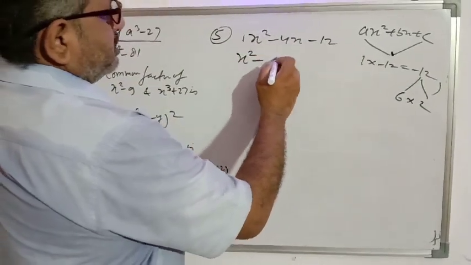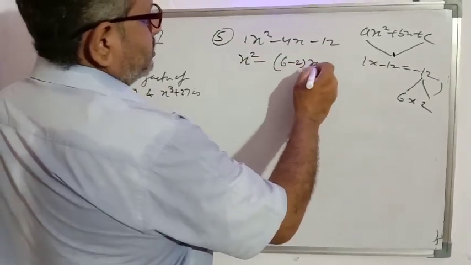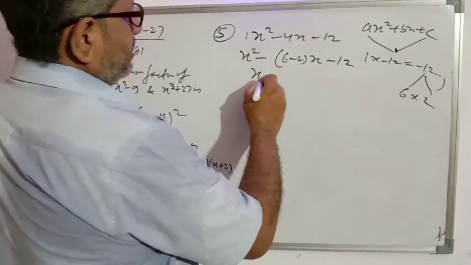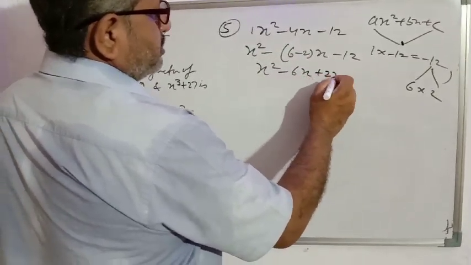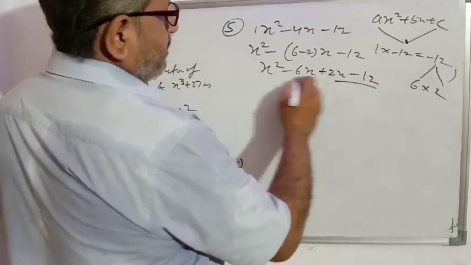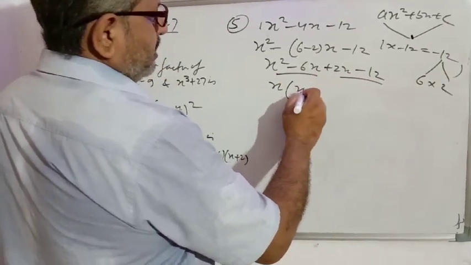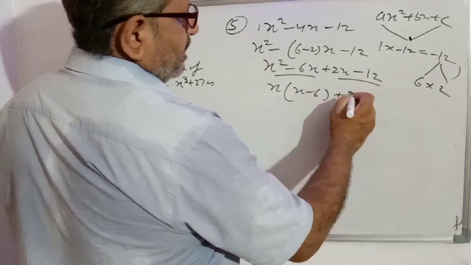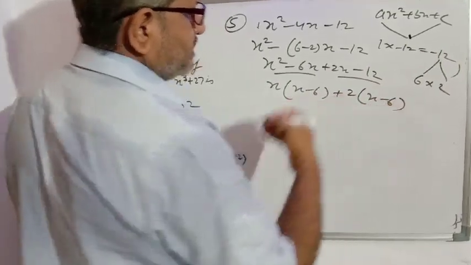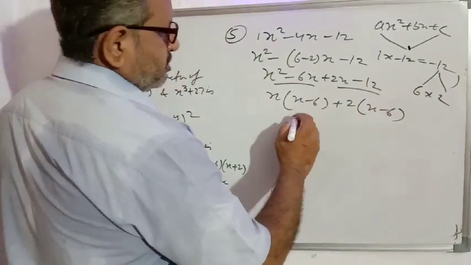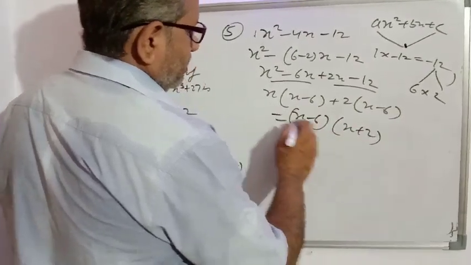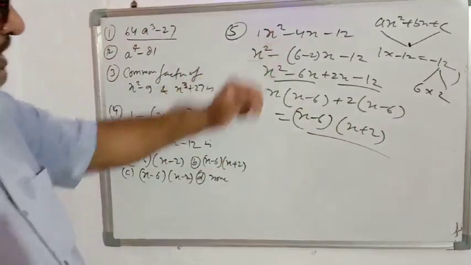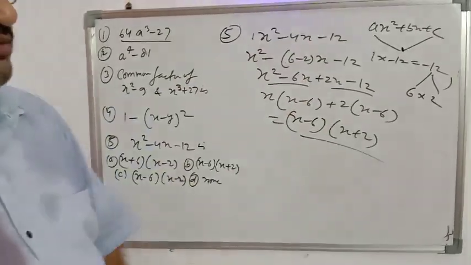We will write x square minus 6x plus 2x minus 12. Open the bracket: minus 6x, minus into minus plus 2x. Make pairs. x common, x minus 6; plus 2 common, x minus 6. So x minus 6 is common in both, and x plus 2. So this is the factorization of x square minus 4x minus 12.